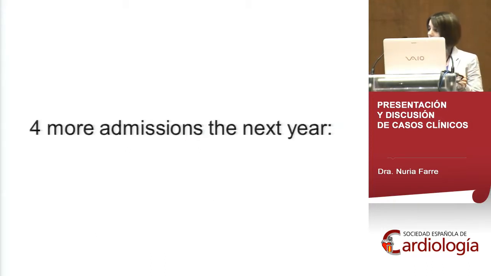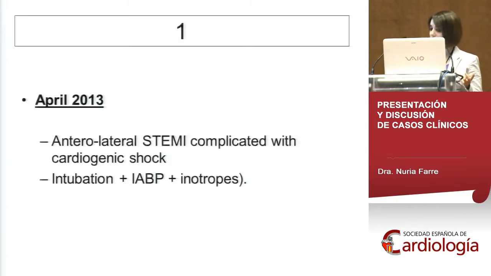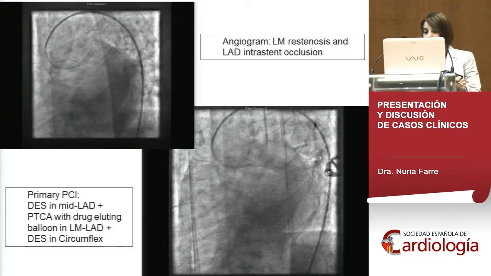And she was well until this year when she was admitted 4 times. So the first time was some 11 months after this first admission. She came with an anterior lateral STEMI complicated with cardiogenic shock again. So she was intubated, she had an intra-aortic balloon pump inserted, and she needed inotropes.